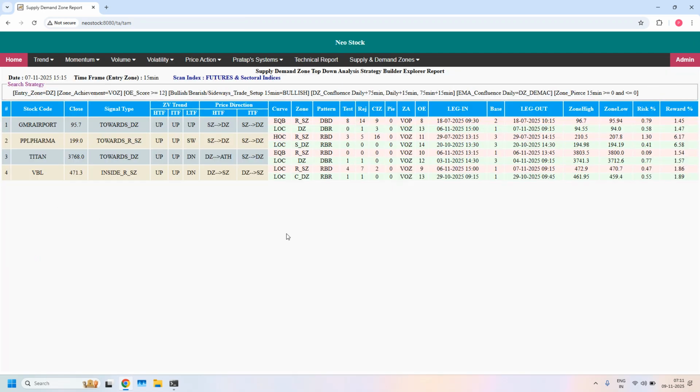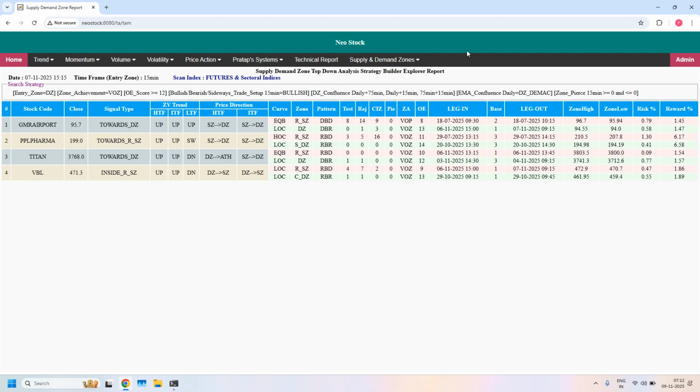All 4 are filtered. That means all these 4 15 minutes demand zones are having more high probability to get success, provided less than 20 checklist items are satisfied. So this is bullish trade setup for daily income trade.